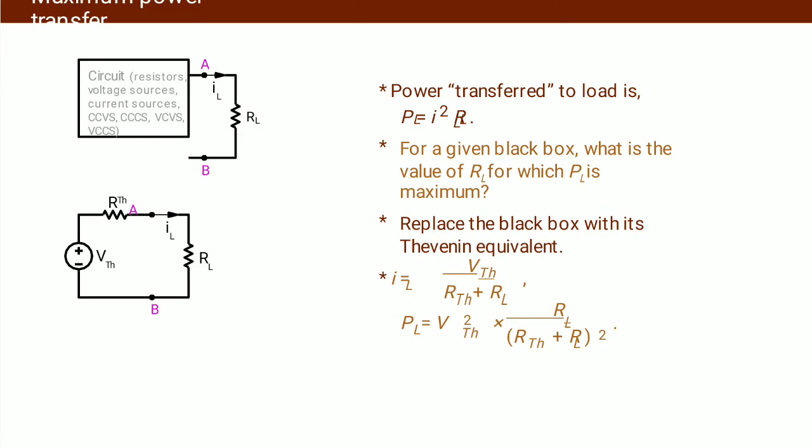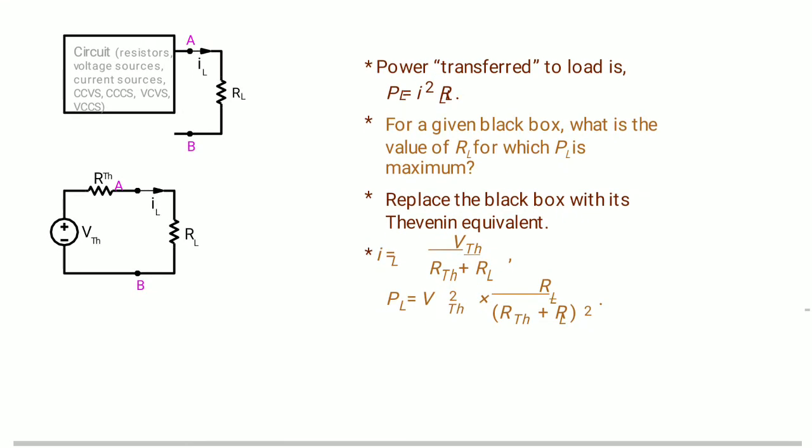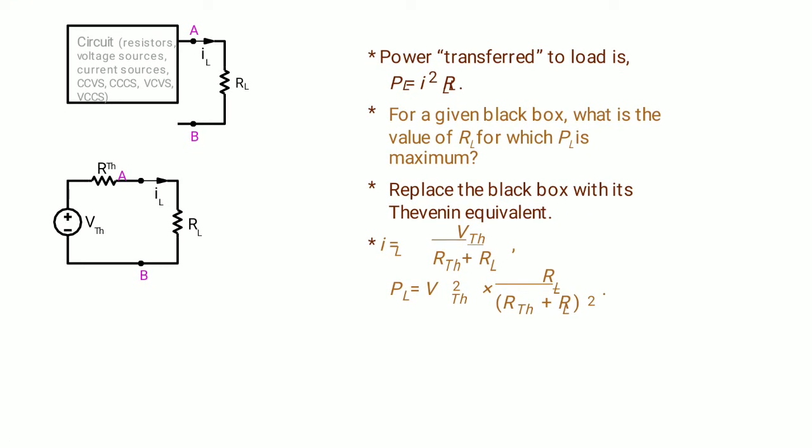So this is the formula for the power transferred to the load, only in terms of the Thevenin's voltage, Thevenin's resistance and load. This formula is very, very important. PL is equal to VTH whole square into RL by RTH plus RL whole square.